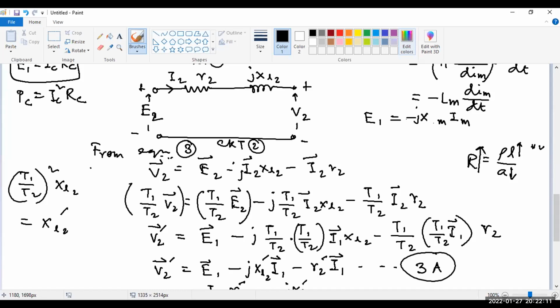We have designed the high voltage coil as a thin coil, less cross section coil having more number of turns or longer wire. And for the low voltage coil, as it has to carry more amount of current, I have kept a larger cross section and it has less number of turns. That means the length will be less. So the resistance of the low voltage coil will be less.